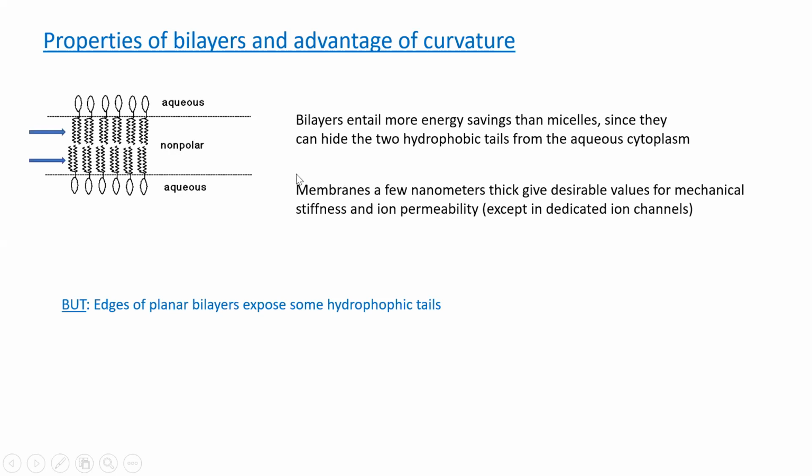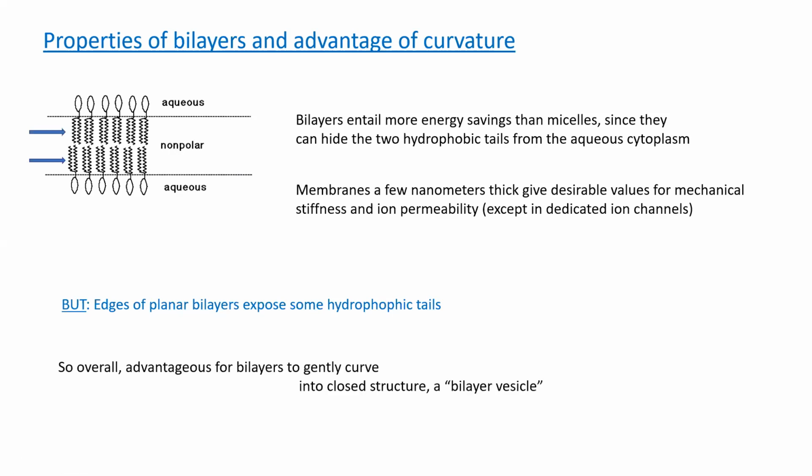However, there's an issue here, and that is the edges of the planar bilayers, if they're in a linear arrangement here, expose some hydrophobic tails. So these tails here, at some endpoint of this linear bilayer, would be exposed, and that's an energy penalty.